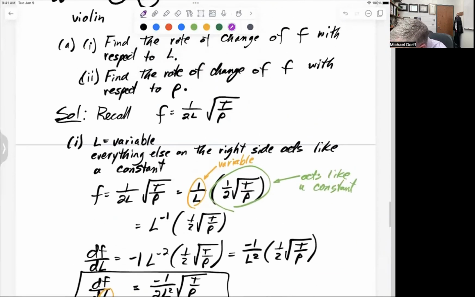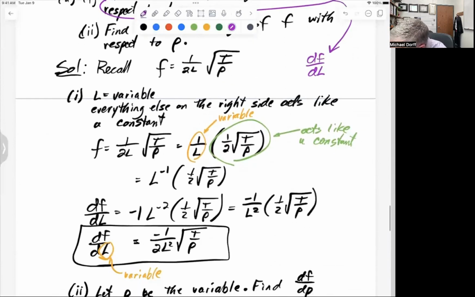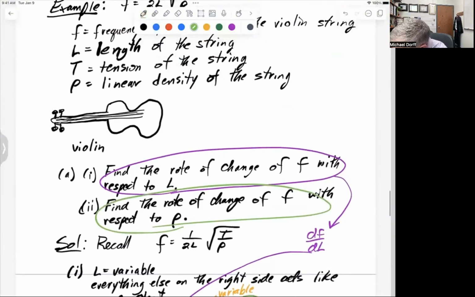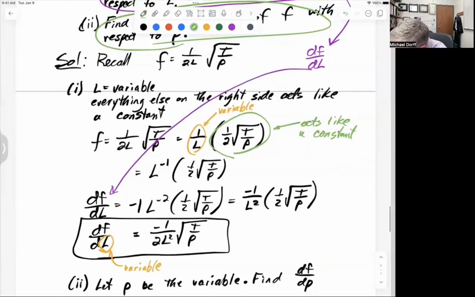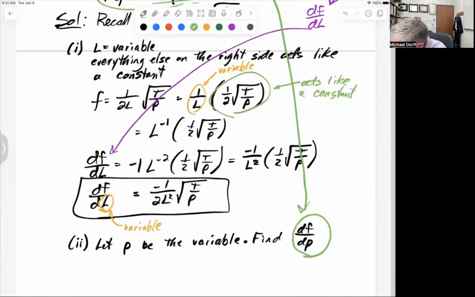In this first one, the rate of change of F with respect to L is df dl. And that's what we found here with this one. In this next one, we're finding the rate of change of F with respect to rho. That is this here, df d rho.